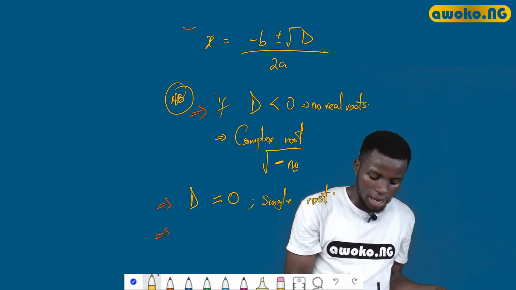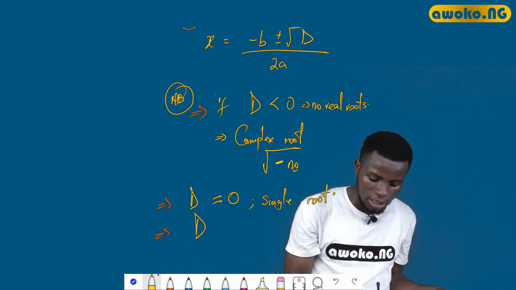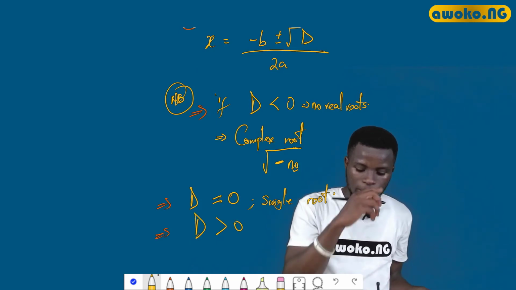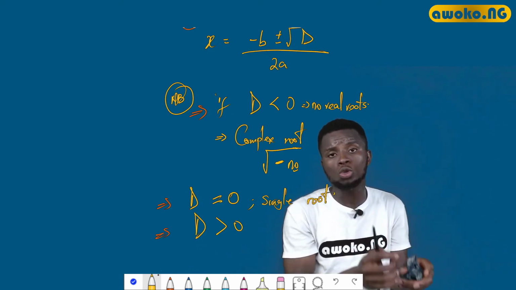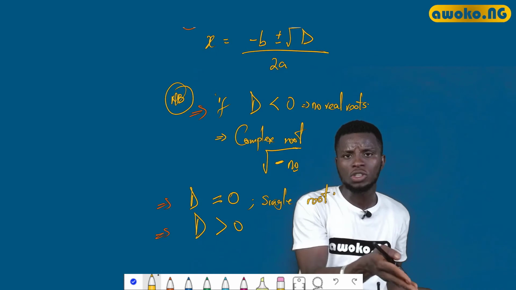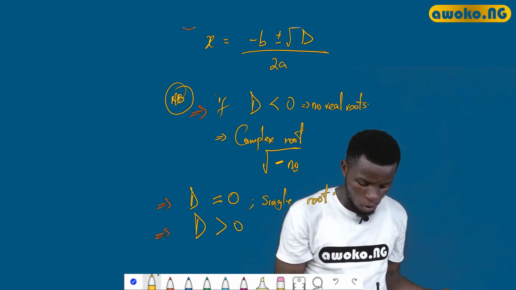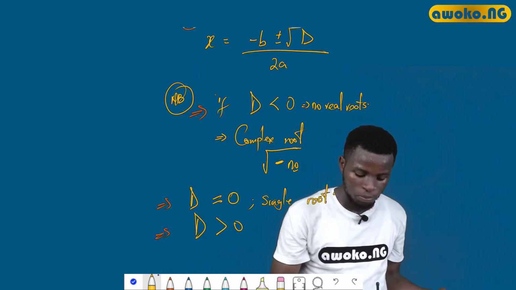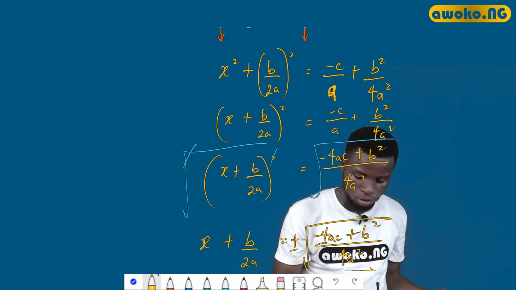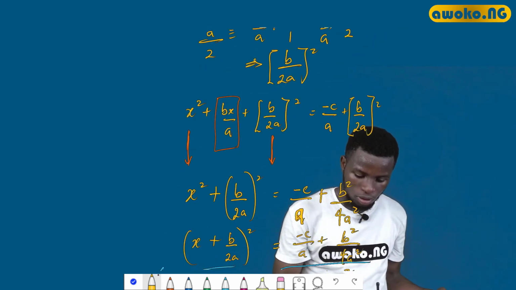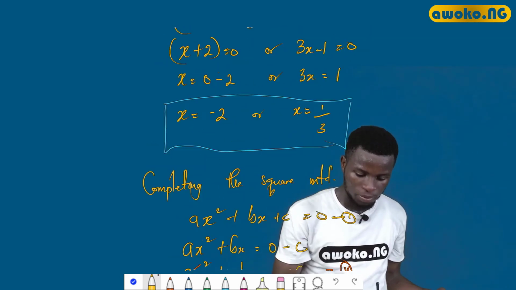But if we check and the discriminant d is greater than 0, this then shows that we have two real roots or two distinct roots, just like we saw in the cases we discussed earlier. So let's go over to the questions we solved earlier.